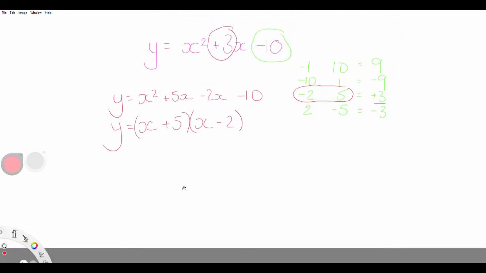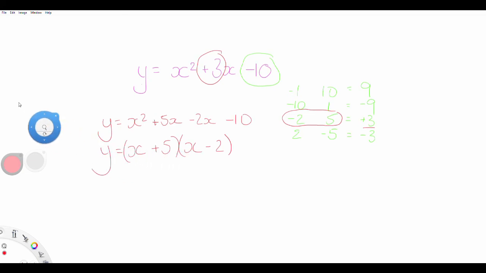So if we were to pick this example here, what we can now do is find some roots of an equation. So if we were to say y equals 0, we know the rule that if anything times by 0, then the answer is 0. So one method of thinking about this is you've got two brackets that you're going to times together.